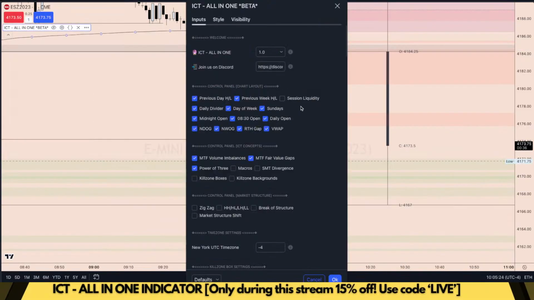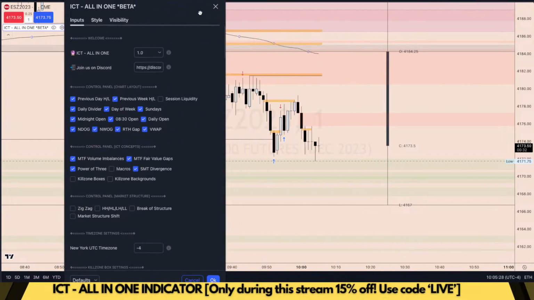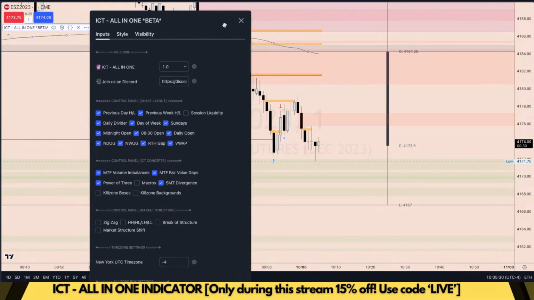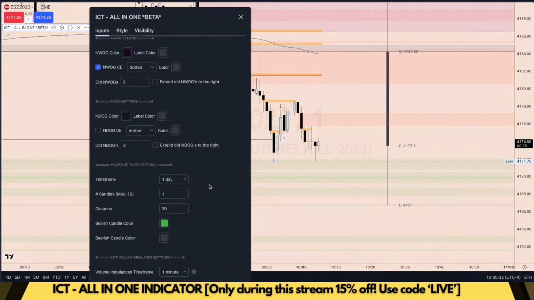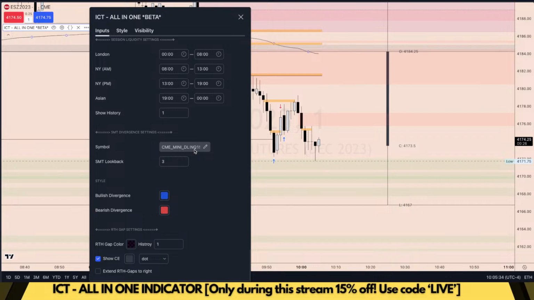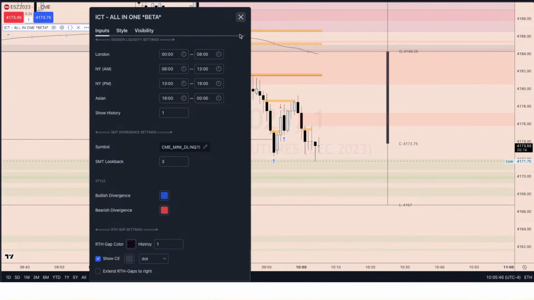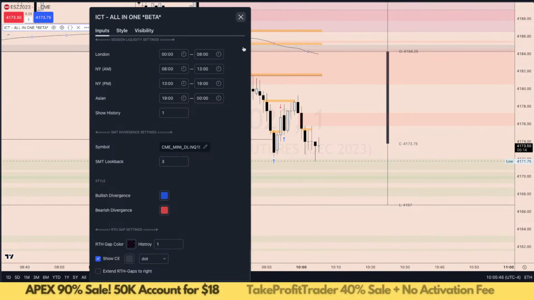So if we would turn on our SMT divergence inside the beta, let me make sure I use the correct settings. Yep, we compare to NQ and we have an SMT lookback of 3. Now likely not, because a lookback of 3 means we need 3 more candles for the indicator to recognize it as an SMT divergence.